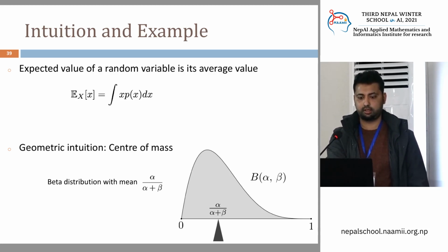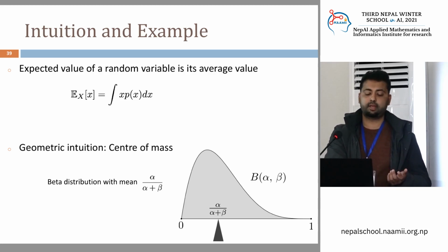So you do an integration. In a discrete form, you do a sum of g of x times p of x. That is expectation. Notice that I talked about g of x, which could be any function of x. But when you talk about the mean of random variable x, you are talking about the expectation of x, because expectation of x means mean of x, and expectation of g of x means mean of g of x, not x.